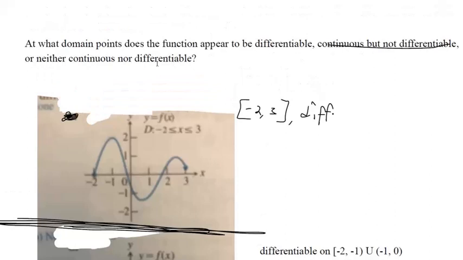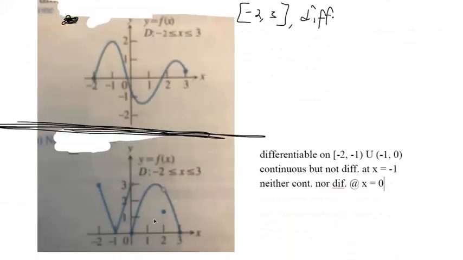If you're able to take a derivative, it needs to be continuous at that point, because differentiability implies continuity. So the limit as x approaches 2, the y value is like 2.7. The exact value of f of 2 is like 1.2. So the limit and the exact value do not agree with each other. So it's neither continuous nor differentiable at x equals 2.